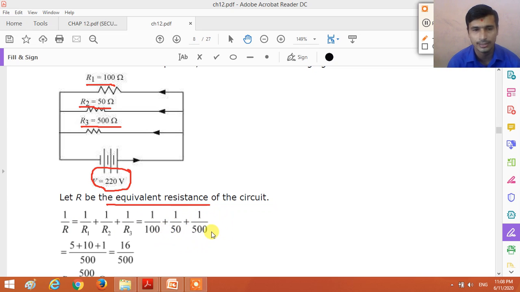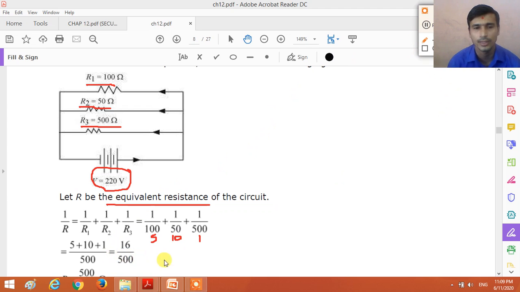Taking the LCM, we get 5 plus 10 plus 1. Here we multiply 100 by 5, 50 by 10, and 500 by 1. So we get 5 plus 10 plus 1 divided by 500. We get 16 divided by 500.